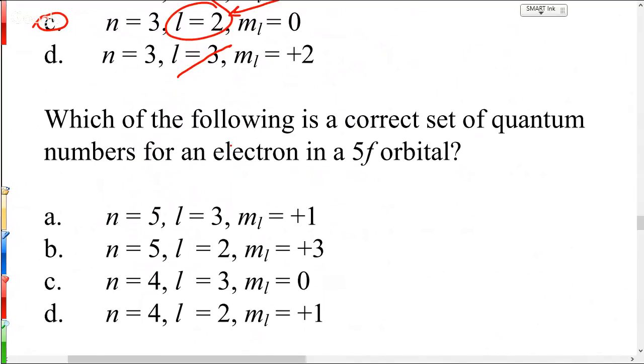So which ones is it definitely not? C and D, because those would be a 4 something orbital. So is it A or B? A, why A? Yeah, because L equals 3 is an F orbital, L equals 2 is a D orbital. So it's got to be A.